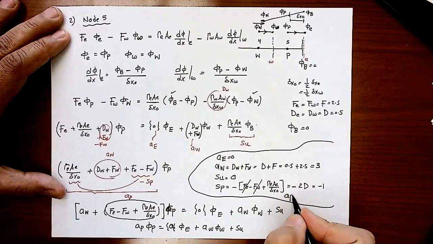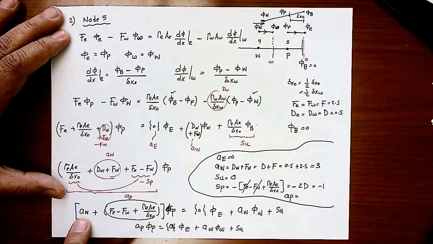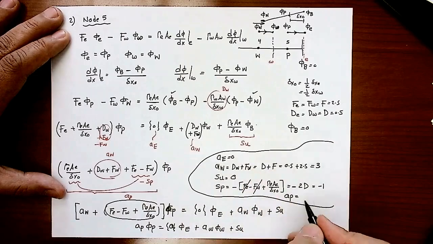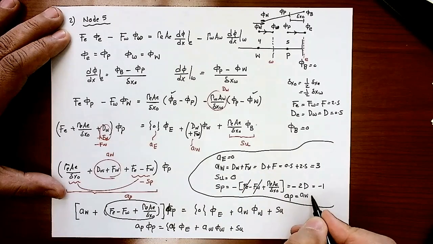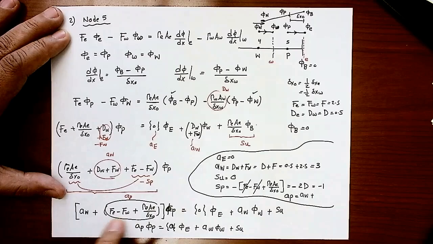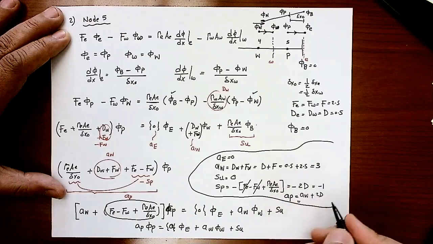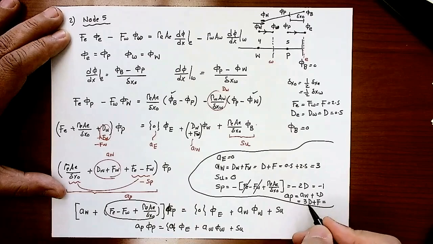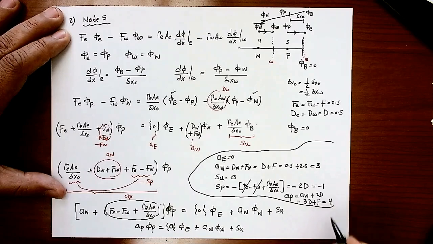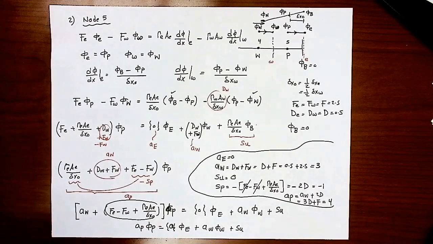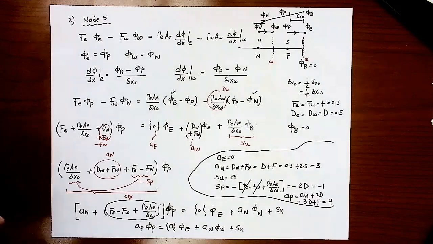Now AP is simply the sum of A west, which is D plus F, plus 0, which cancels out, and 2D. So I would have 3D plus F, with D as 0.5, that's 1.5 plus 2.5, I will get 4. That's node number 5. We still have one last node to finish, which is node number 1.